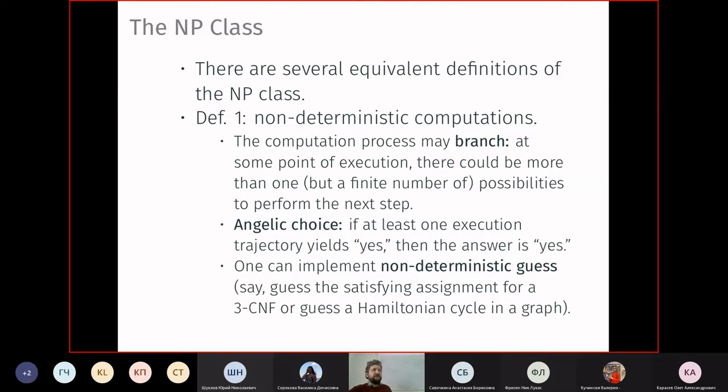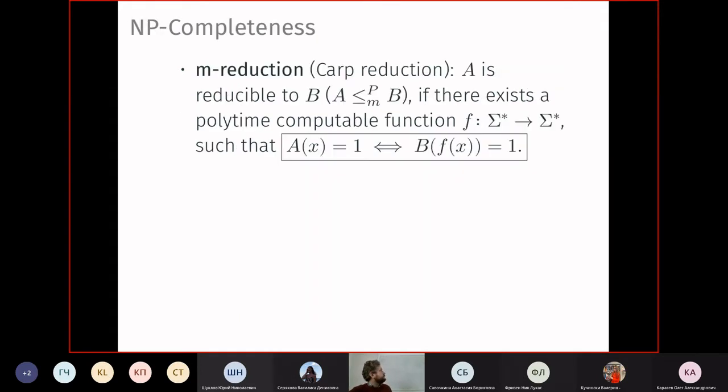And if you check a formula for being a tautology, then it is demonic choice, because you also guess your assignment, but if at least one of them is not a satisfying assignment, then it will say no. The existence of other properties like that is also an example of non-determinism. We'll discuss graphs in detail a bit later, but finding some easily checkable property of a graph is also in NP, because you can guess it and then check in polynomial time.